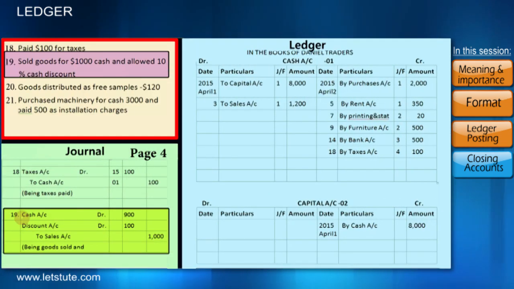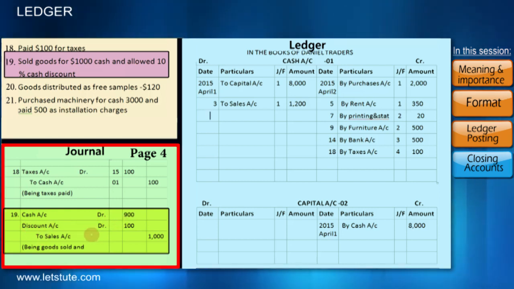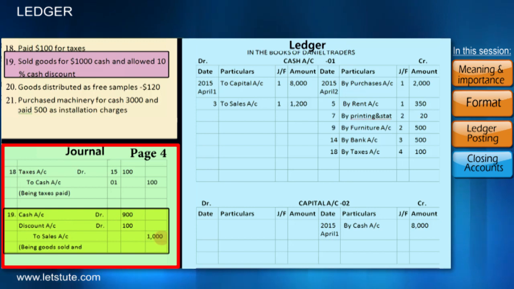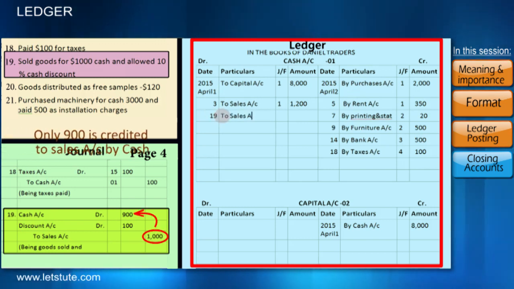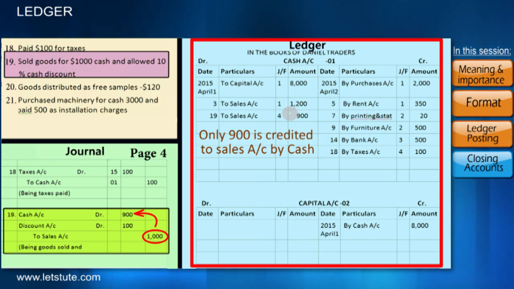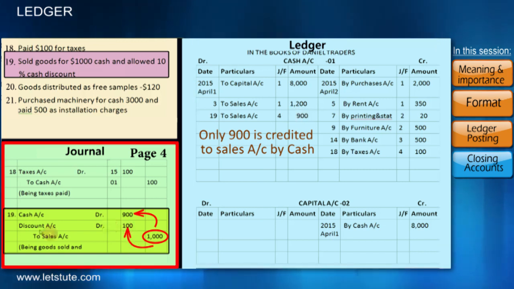Now this entry is a bit different. It is a combined entry, cash account debit 900. So we go to cash account debit to sales 900, not 1000, because the 100 is debited to discount account.